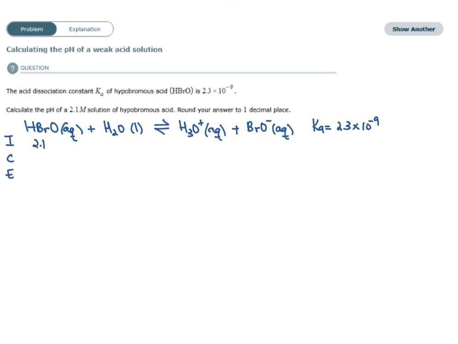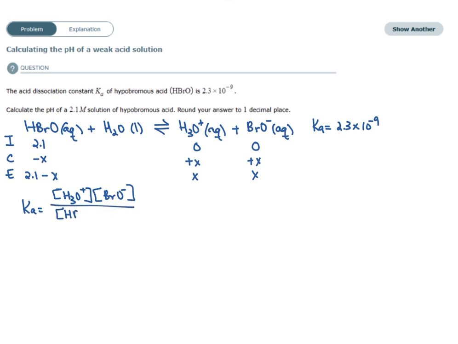Initially, we have 2.1 molar of our acid, 0 of our H3O+, and 0 of our BrO minus. For our change, we have minus x on the reactant side, plus x on the product side. At equilibrium, we're just adding initial plus change. I want to set up my Ka expression, which is the concentration of H3O+ times the concentration of BrO minus over the concentration of HBrO.